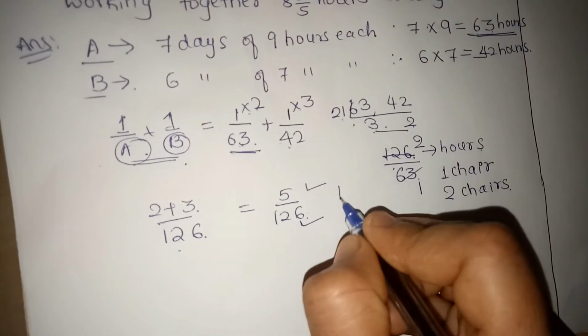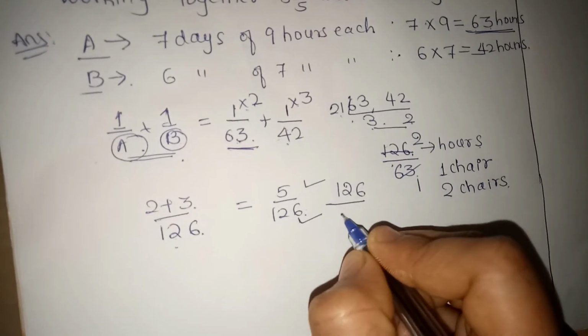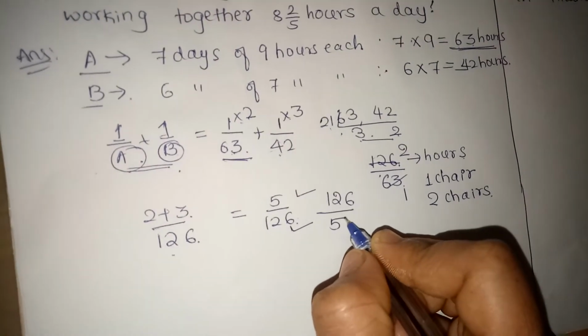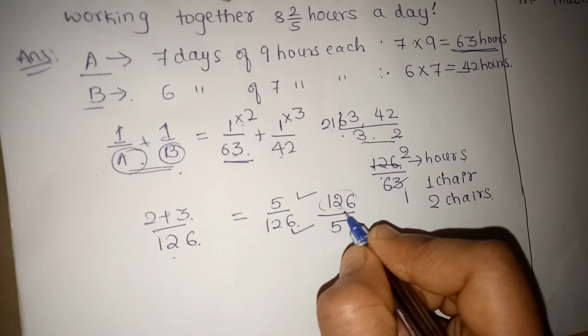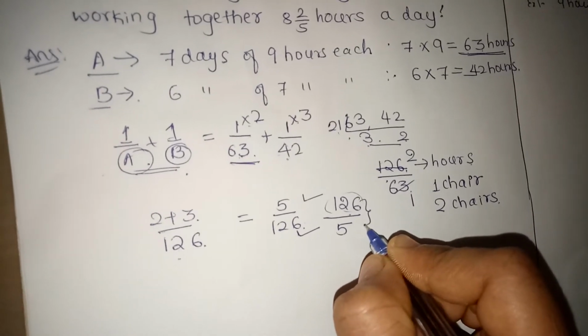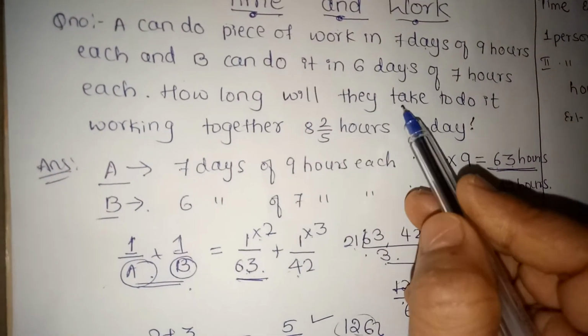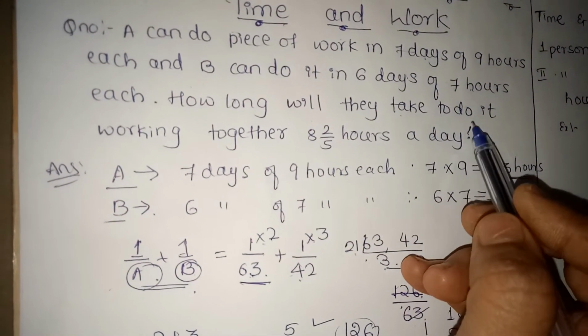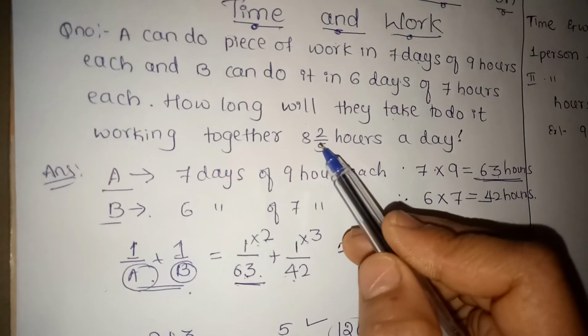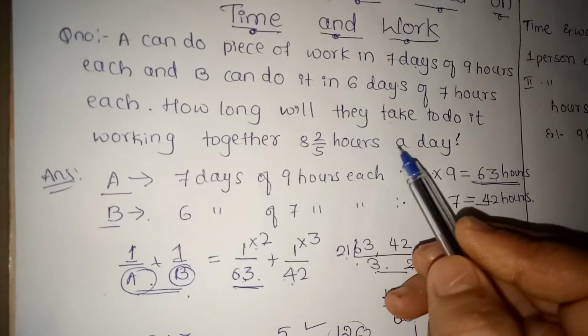But we require only how much? 1 unit of work is done in how many hours? That does not simplify, so we'll keep it like this, because next we are going to find how long they will take working together 8 2/5 hours a day.